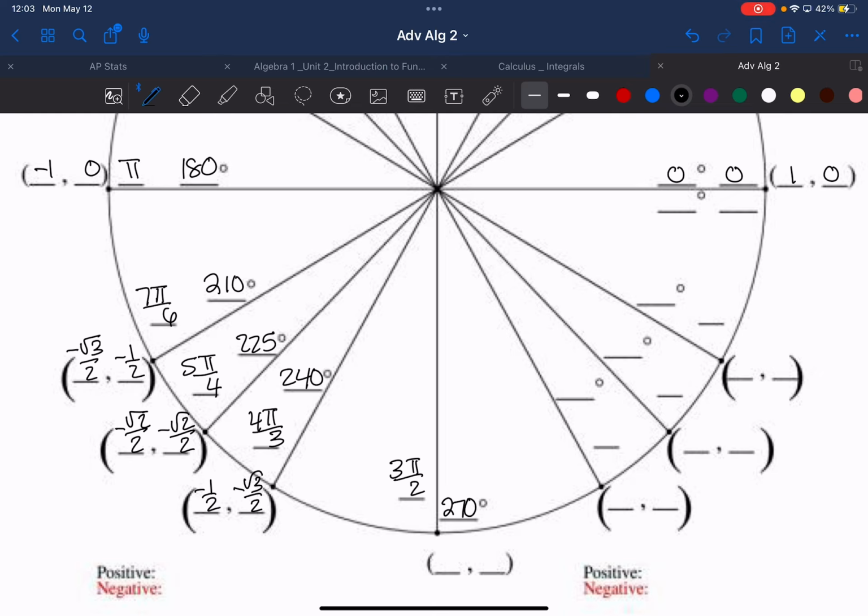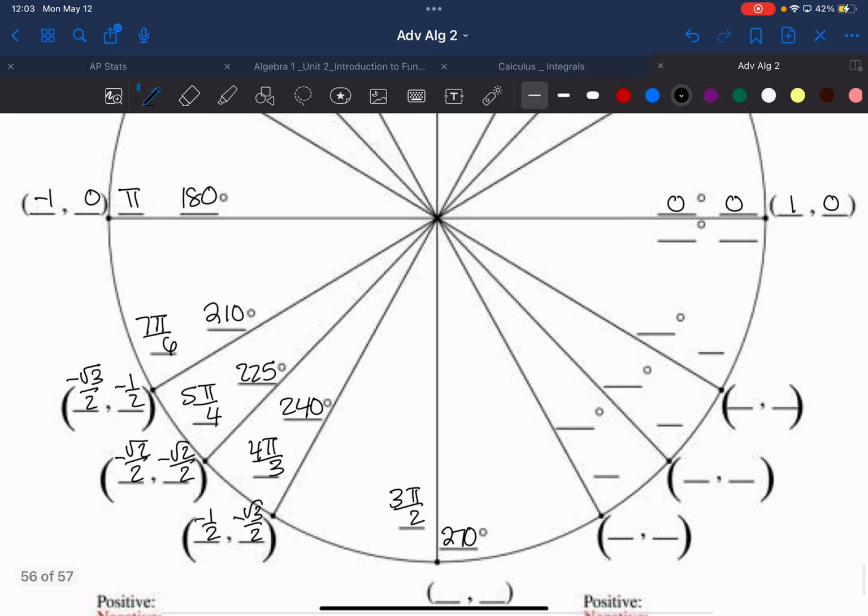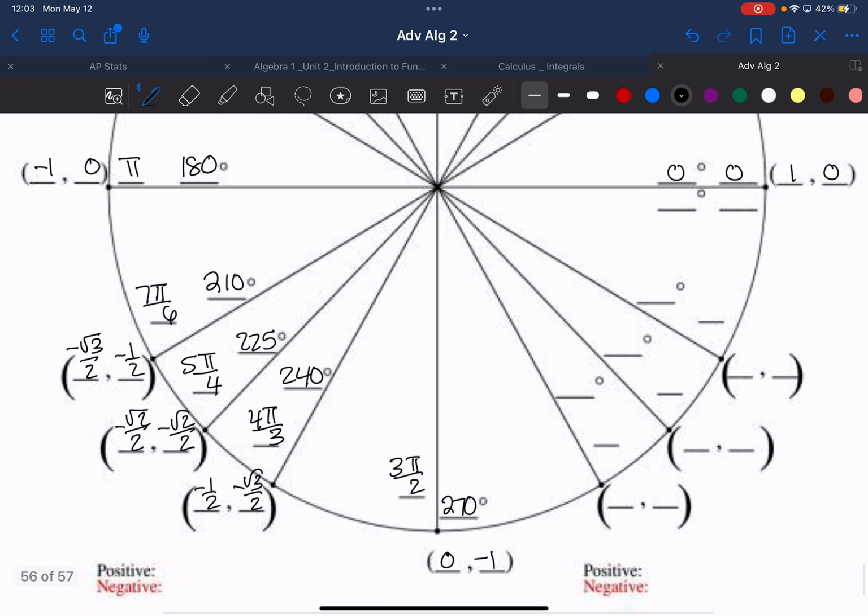And then at the very bottom here, we have 0, negative 1. And then for the positive, negative, the only one that's going to end up being positive is tangent. And then negative is going to be sine or cosine.